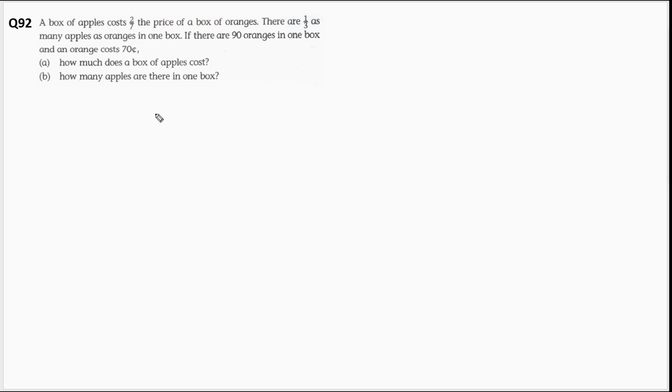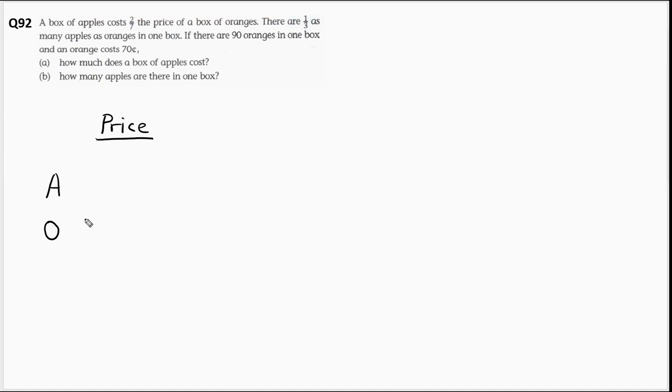Okay, so let's start with the price model. We're going to do something that uses this information about the price or the cost. So we've got a box of apples costs 2/7 the price of a box of oranges. So we've got apples and we've got oranges.